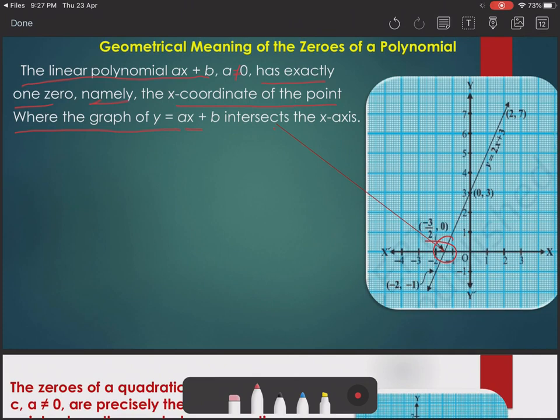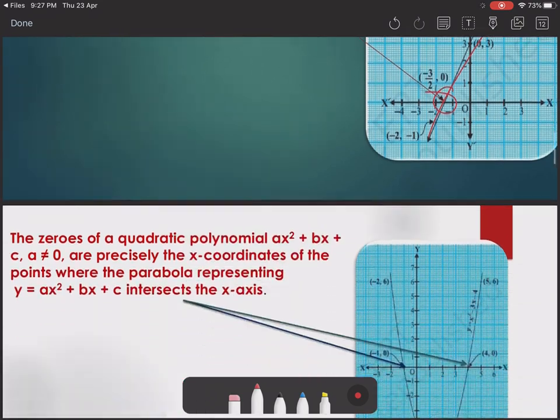A linear polynomial has only one zero, and that is the x coordinate of the point where the line cuts the x-axis.